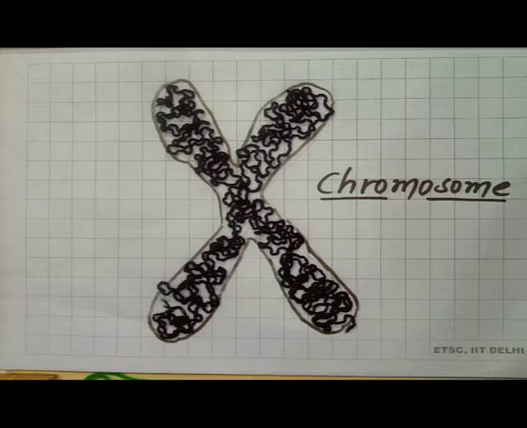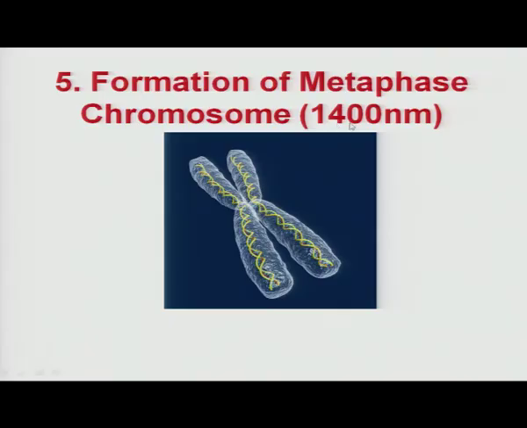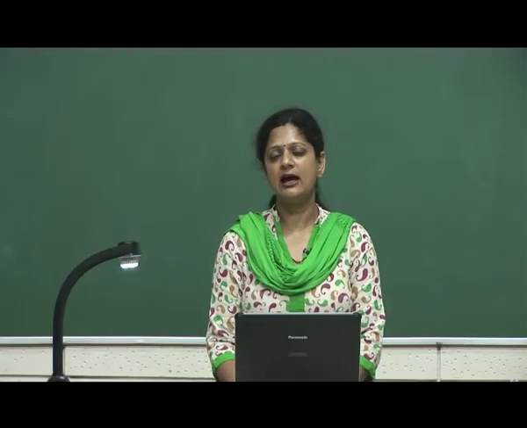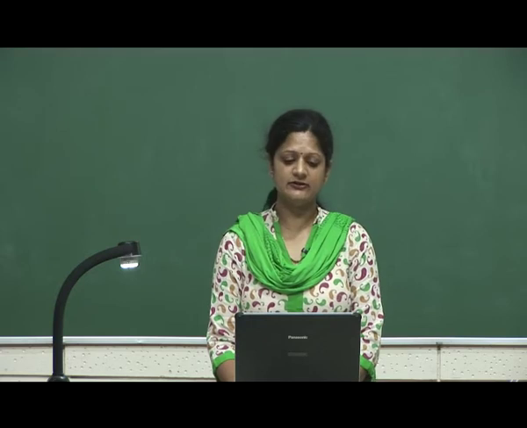The width of the chromosome is approximately 1400 nanometer. So, this is how the chromosome is formed inside the nucleus of the eukaryotic cell with the help of DNA packaging and certain proteins.